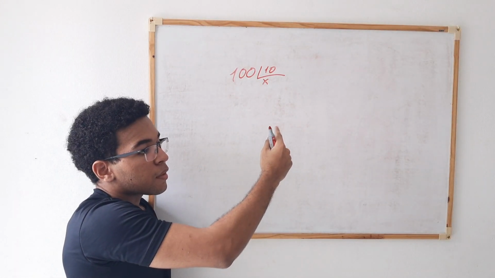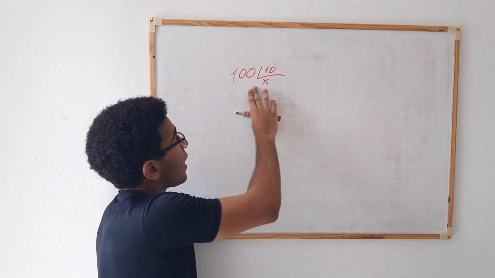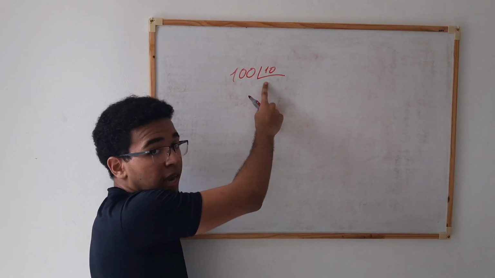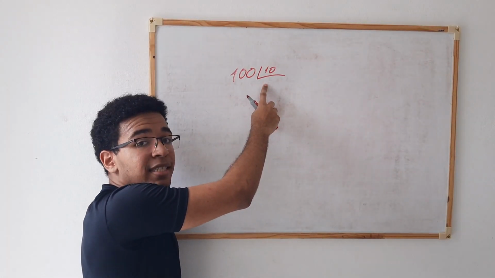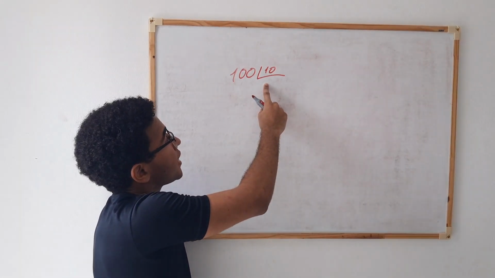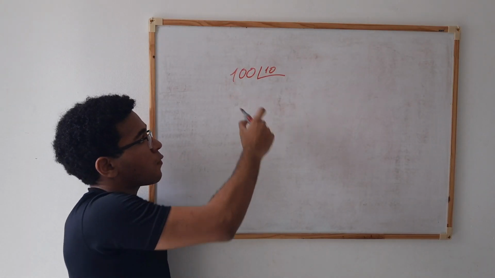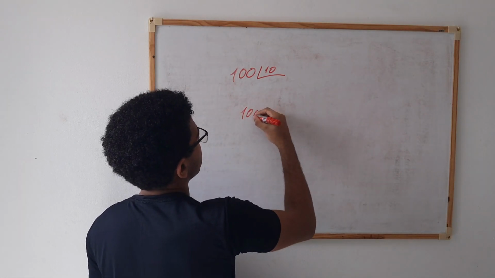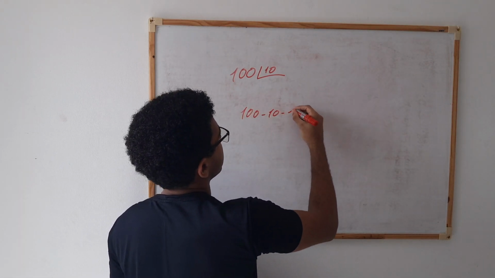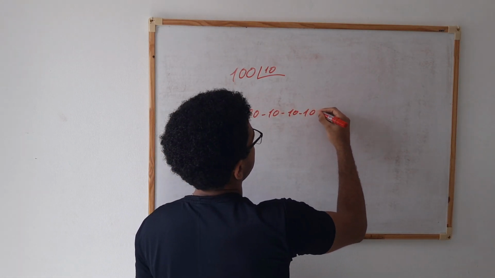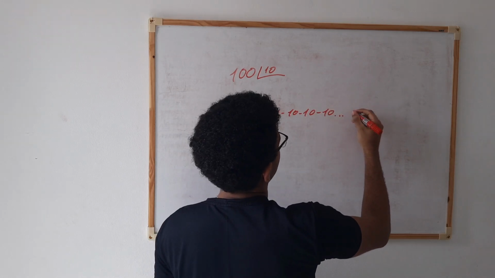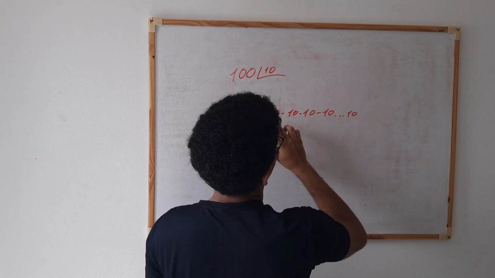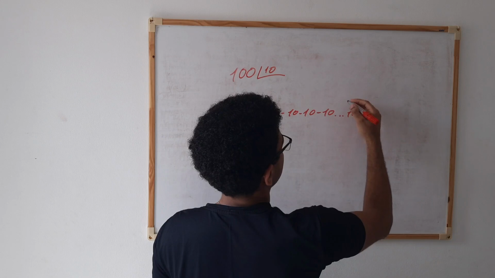But through subtraction, what we can imagine is how many times, x times, we can subtract 10 from 100. So if we were to count 100 minus 10 minus 10 minus 10, until, well, 1, 2, 3, 4.